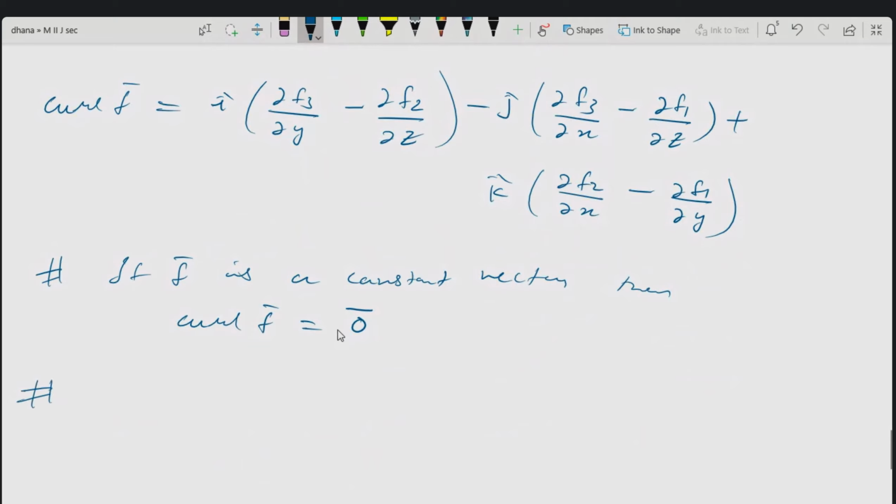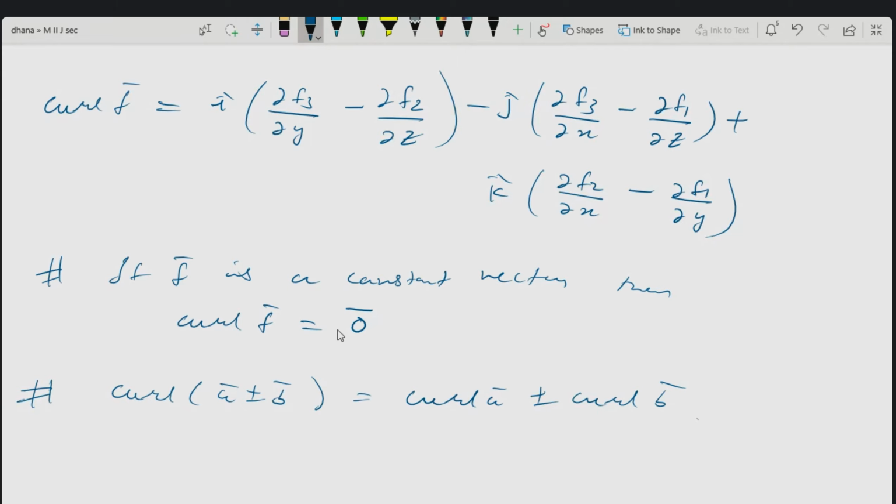Now similarly, if you want to calculate curl of a bar plus or minus b bar, this is nothing but curl of a bar plus or minus curl of b bar. Understood till here?